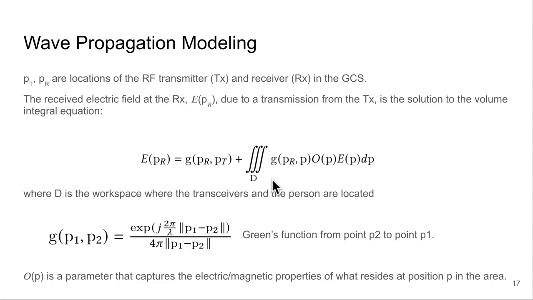The Green's function is denoted as G, which encodes the dynamics into partial differential equations that describe how a field responds to a source for that field. Lambda is the wavelength of the wireless signal, and O(P) is the parameter that captures the electromagnetic property of what resides at position P in the area.